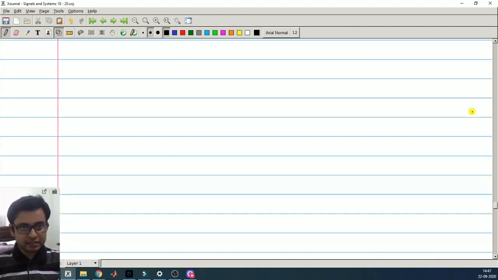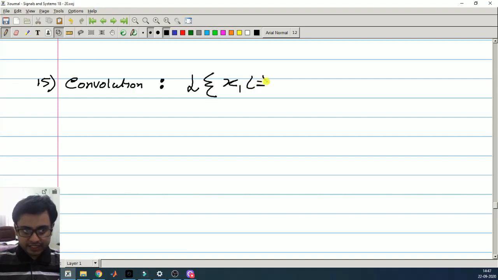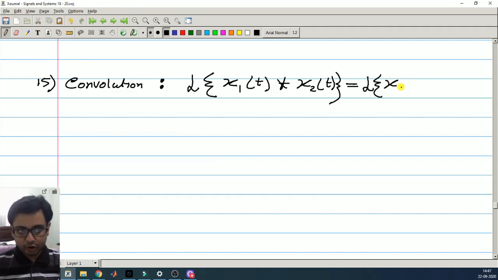Next we will look at possibly the most important property, that is the convolution property, which says the Laplace transform of two signals x1(t) and x2(t) convolved with each other is same as the product of Laplace transform of the two signals, Laplace transform of x1 multiplied with Laplace transform of x2.